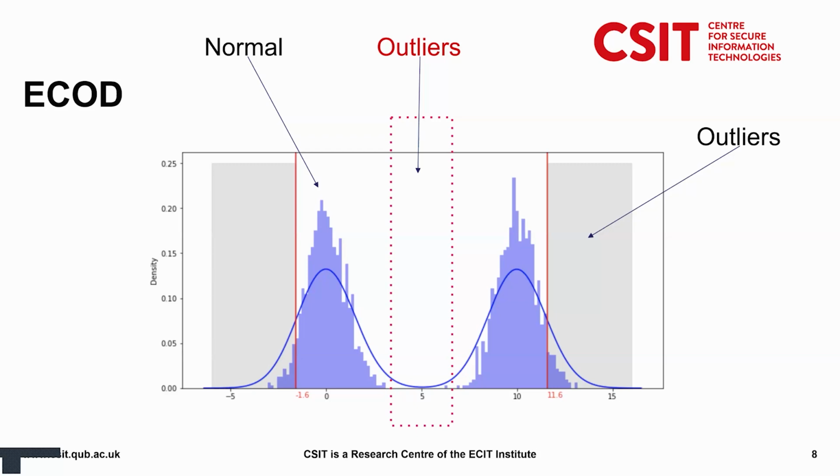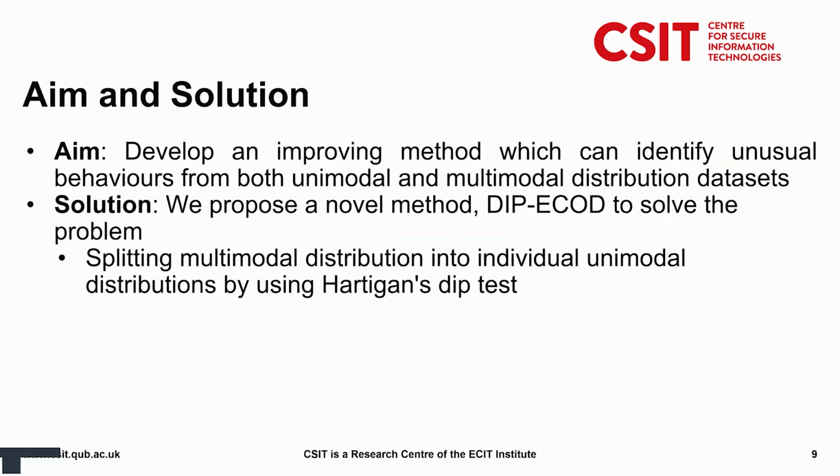However, it cannot detect outliers between the modes, at the red circle here. That brings us to the aim of our project. We would like to develop an improved anomaly detection method which can detect unusual behaviors not only in unimodal distributions but also in multimodal distributions.